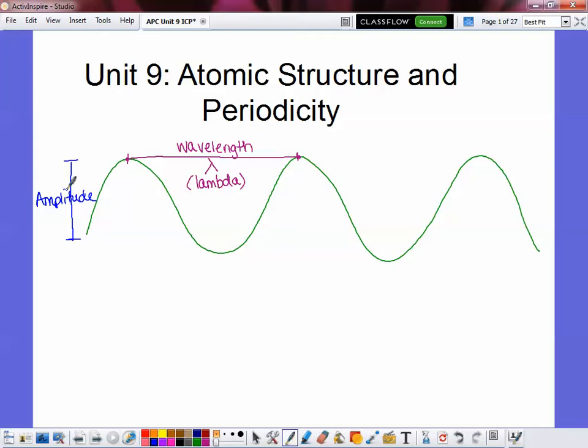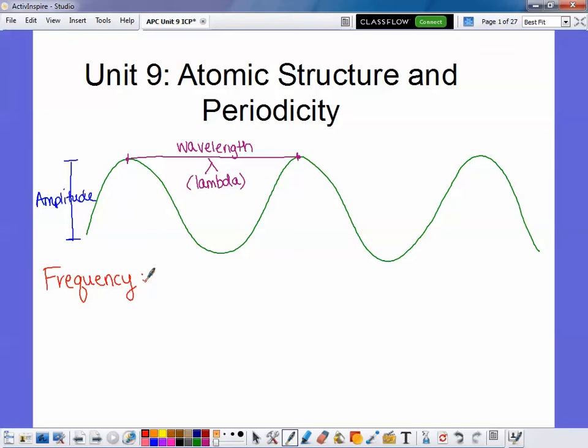But we're not going to deal with the amplitude, that's just a little aside. Another piece that we're going to talk about is frequency. You've probably heard of frequency when you listen to the radio. You're tuning to the different frequencies for those radio waves. Radio waves are a type of electromagnetic radiation.